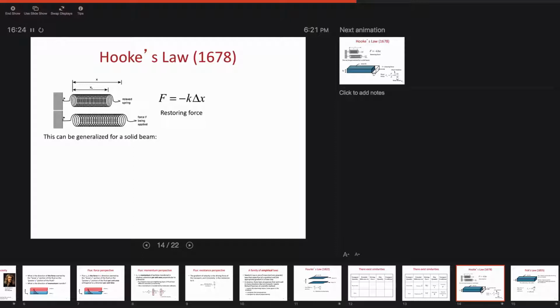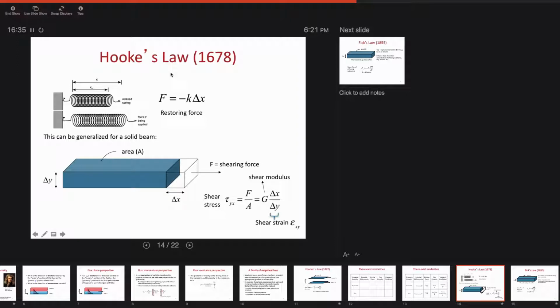All right. So there's one more law, which is Hooke's law. I'm just going to briefly go over them just to line them up. Hooke's law can be generalized for a solid beam, and we'll look at the shear stresses. The size of these stresses needed to actually deform a solid has to be orders of magnitude larger than that for a fluid, right? So we're looking at gigapascals here.